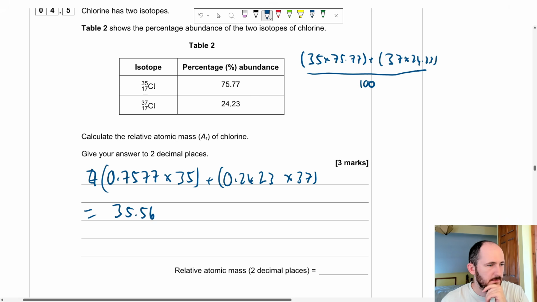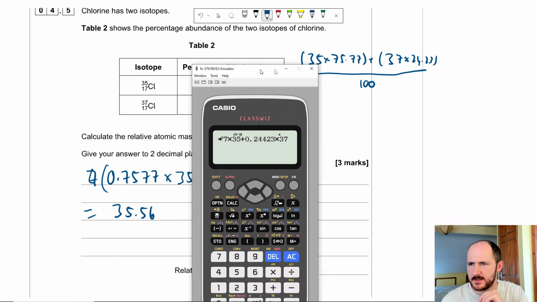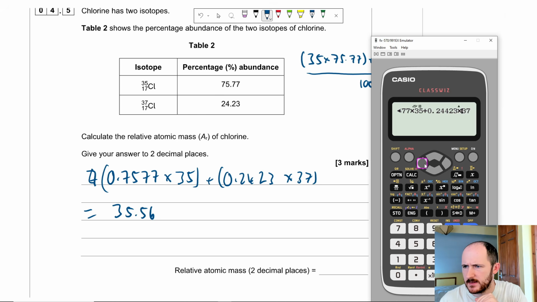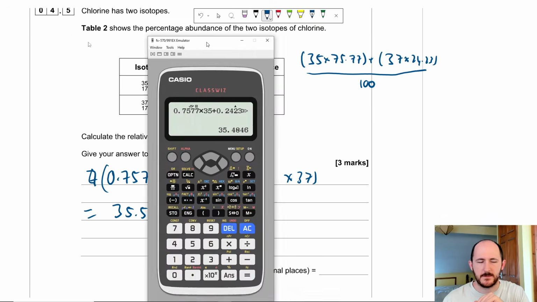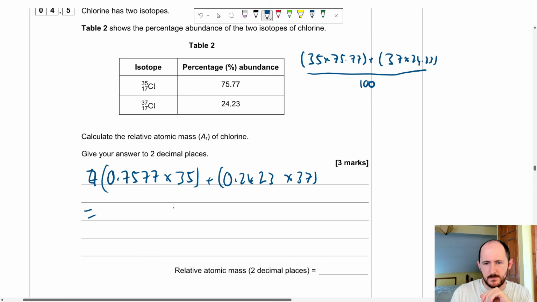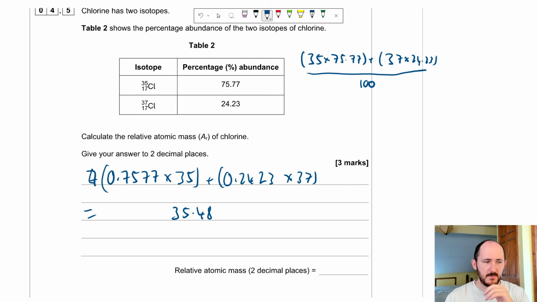And yeah, that would probably be the best thing. Actually, I've just realised that number doesn't look the same as this. 35.48. Okay. Oh, I didn't know I could rub out like that. That's perfect. But again, try and make sure you understand what the calculation is telling you rather than just memorising it.